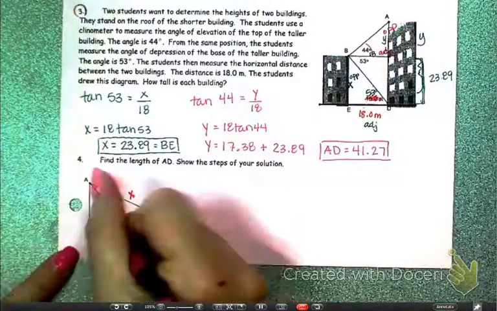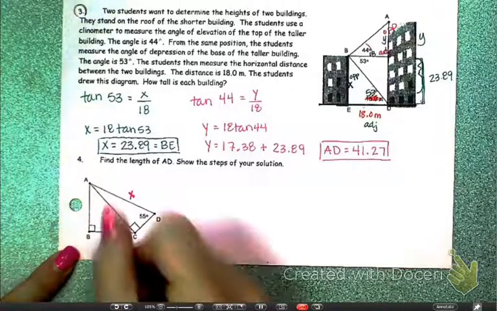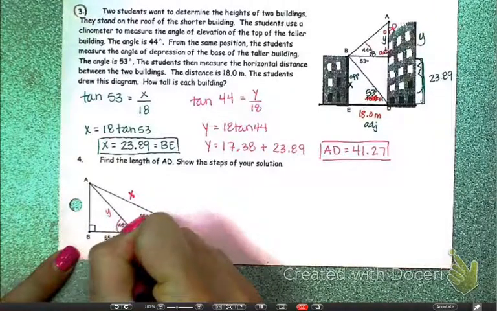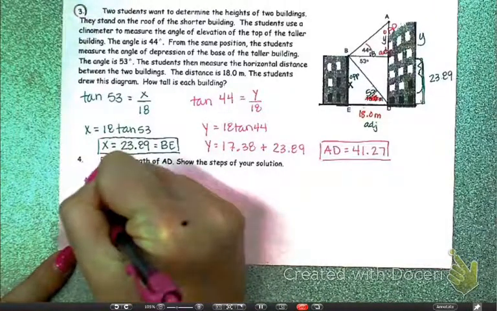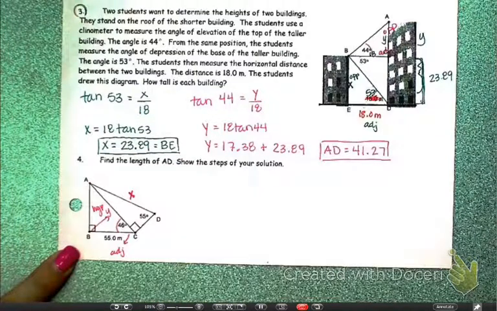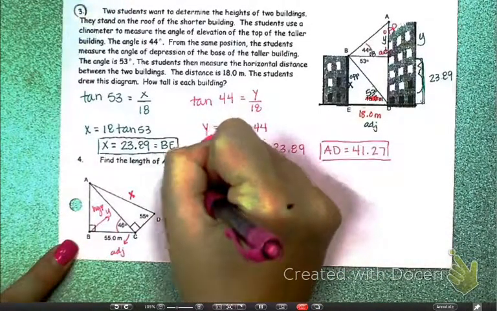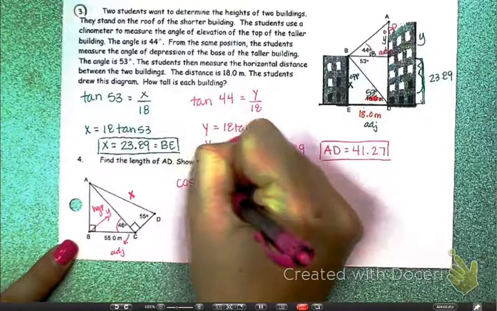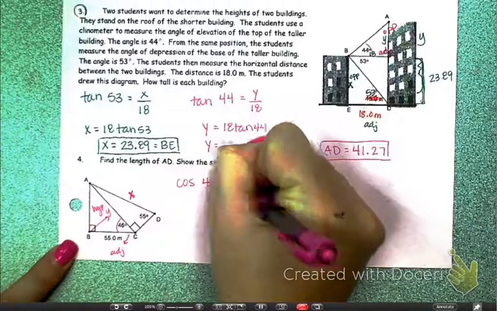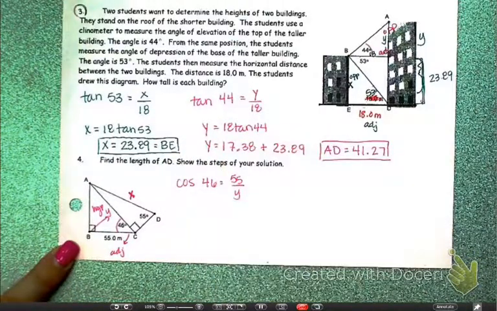Okay? So if I'm looking at 46, this is my adjacent, and this one is the hypotenuse. Right? Adjacent and hypotenuse? Which one do I use? Cosine. So the cosine of 46 equals the adjacent over the hypotenuse.